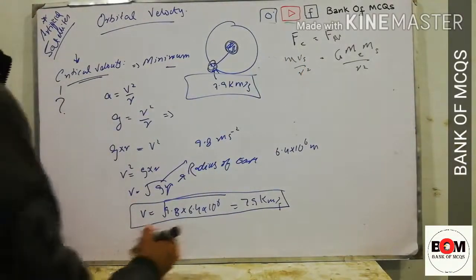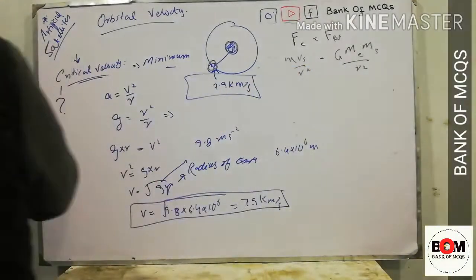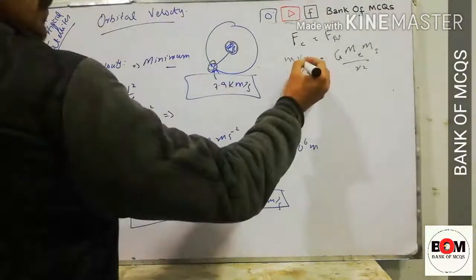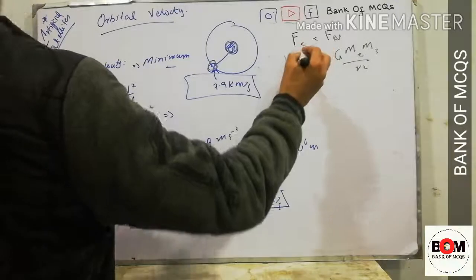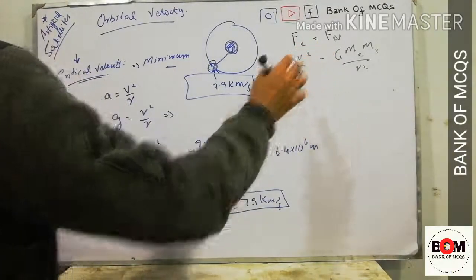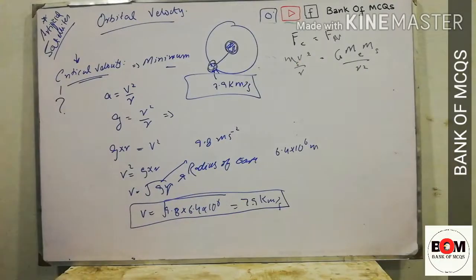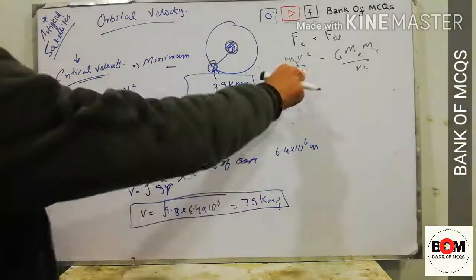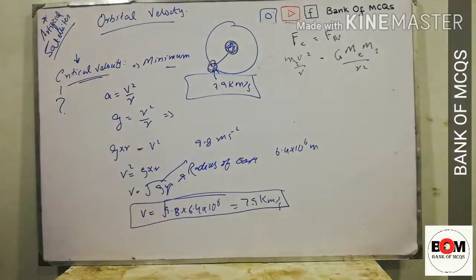As m is the mass of the satellite, the centripetal force is m v square by r. So this is the basis to find the orbital velocity. So m v square by r is equal to G Me Ms divided by r square.